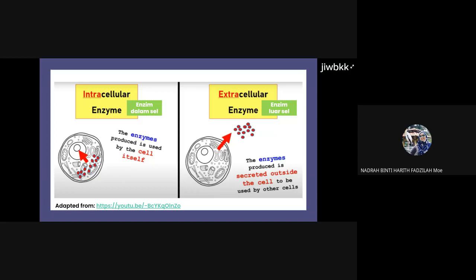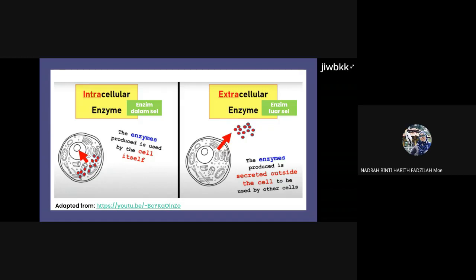For example, semasa kita belajar digestion masa lower form dulu, pancreas produce the enzyme amylase. Tapi amylase ni does not digest food inside the pancreas, but it digests in another organ, which is duodenum.